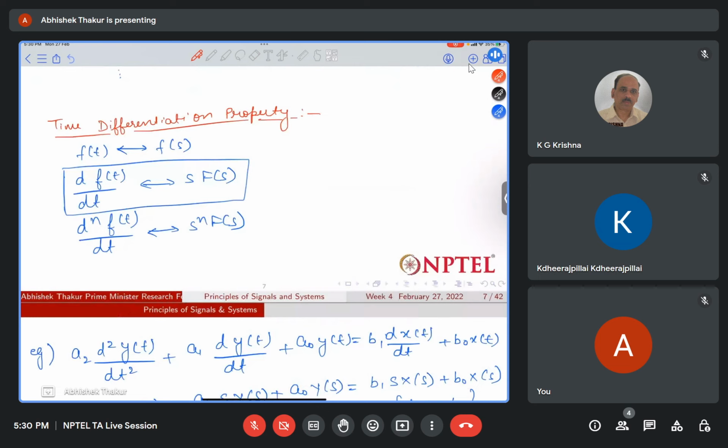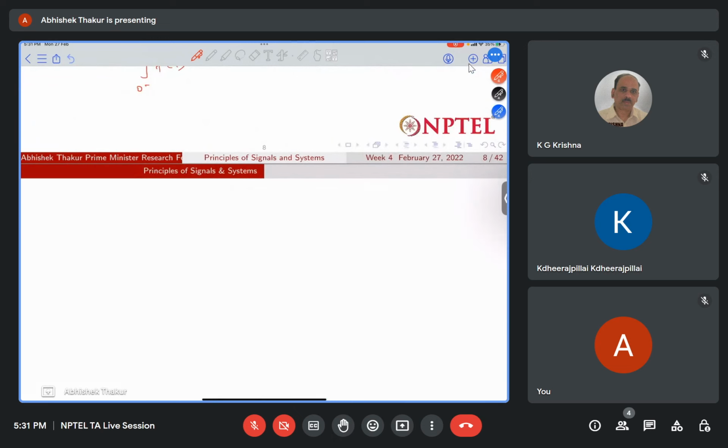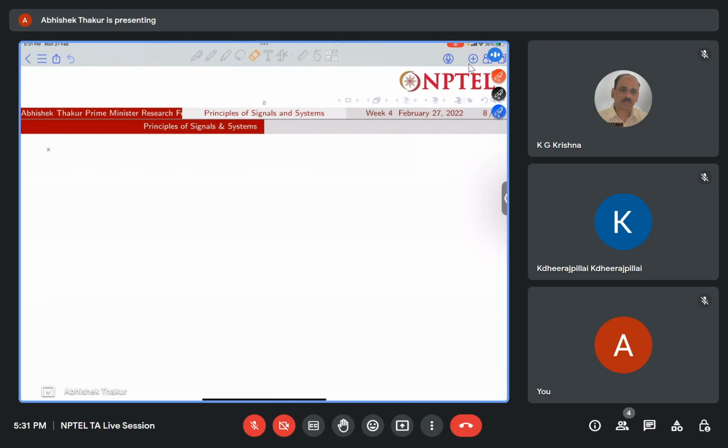So this is for the bilateral transform. We'll see for unilateral also. So for unilateral transform, the time differentiation property can be written as follows.